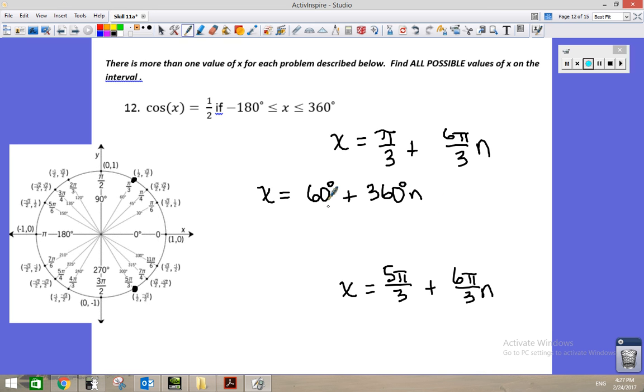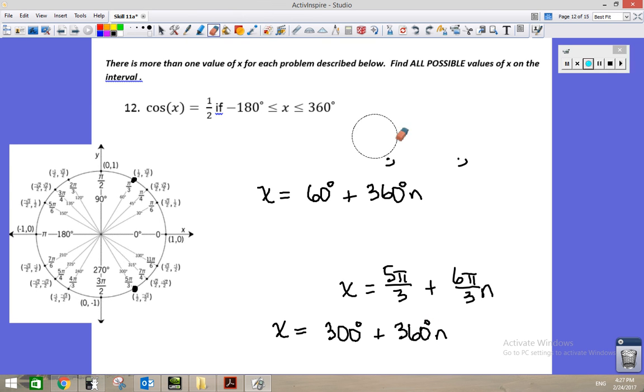And over here, 5 pi over 3 is 300 degrees. And we add integer multiples of 360. All right, so let's get rid of our radian measure, as much as I hate to do it, and let's work in degrees.